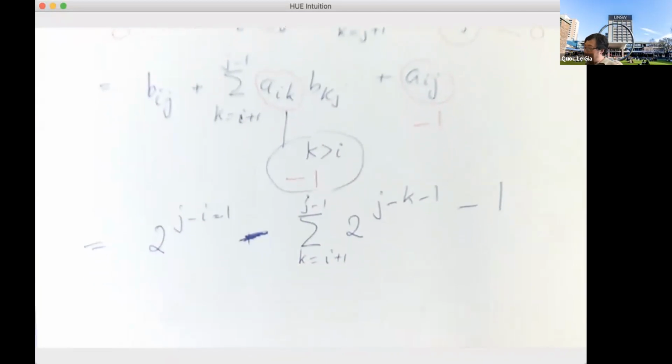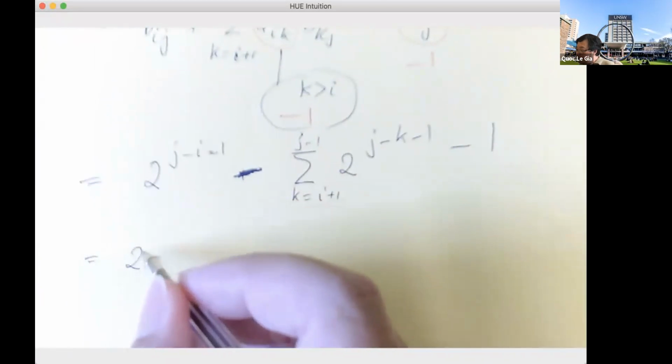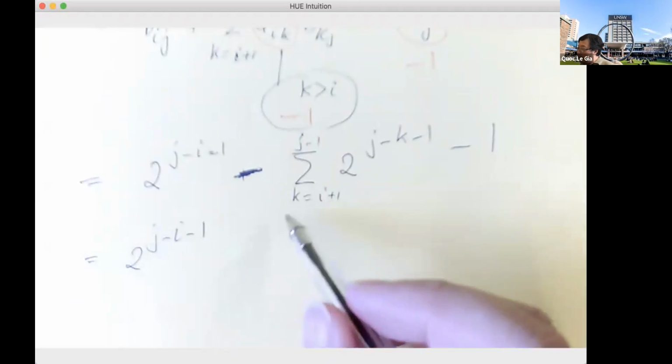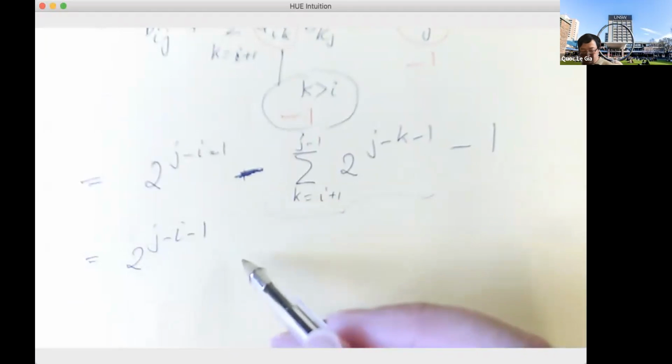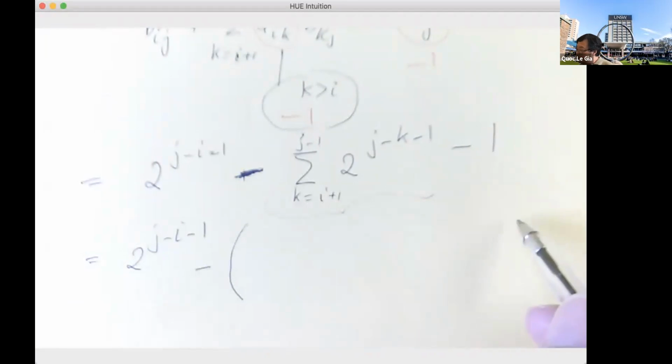And now let me expand the sum here. So this one is 2 to the J minus I minus 1, yeah? And now I expand this sum, yeah? So I have a big bracket here.